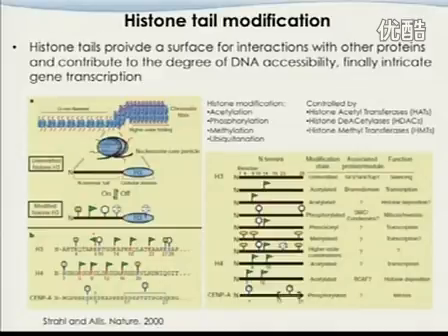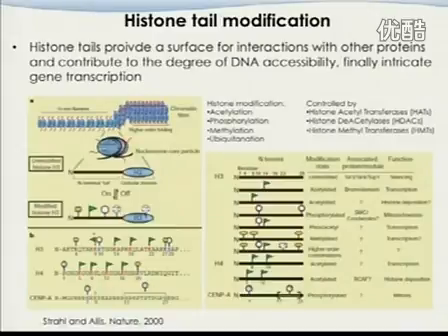The modifications include acetylation, phosphorylation, methylation, and ubiquitination, with different flags. As you can see, different flags correspond to different types of modification, and different combinations give you different biological meanings.